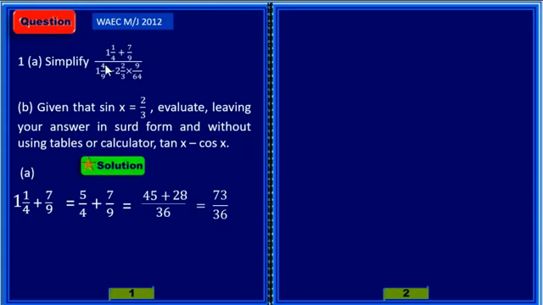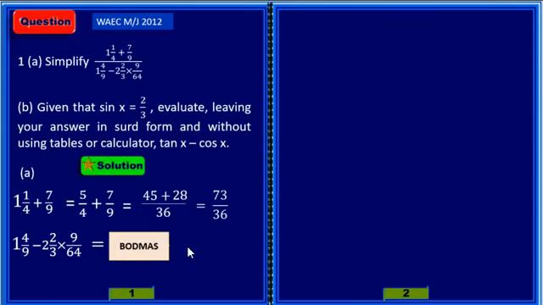Then the denominator of the fraction: 4 over 9 minus 2 over 3 times 9 over 64. Change this to an improper fraction and change this also to an improper fraction. That gives us 13 over 9 and 8 over 3.